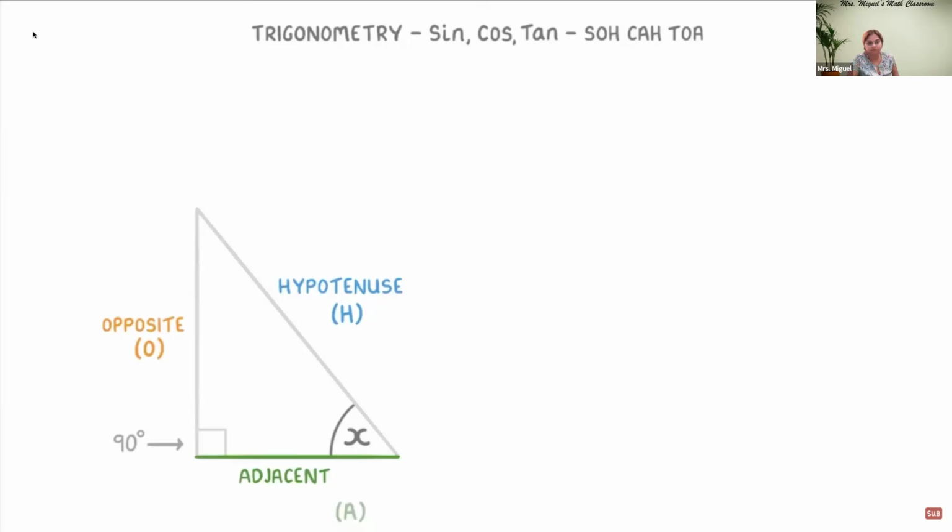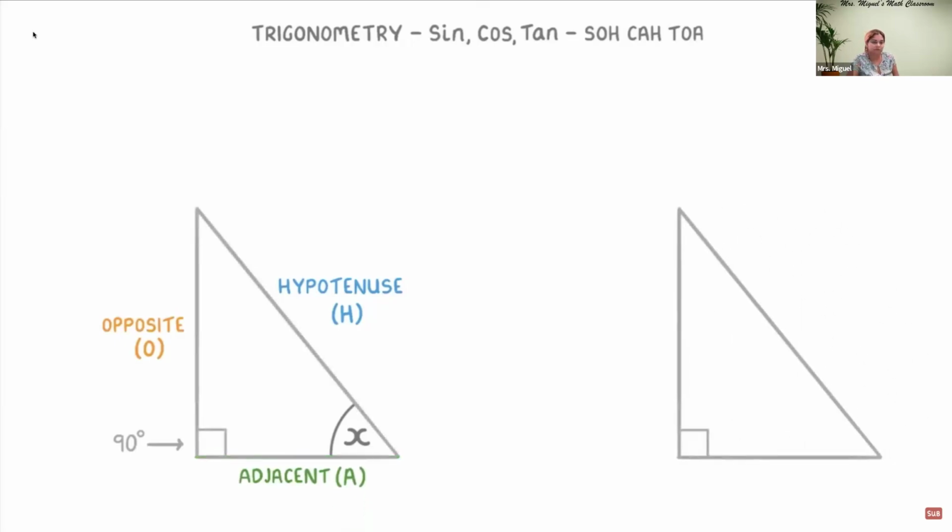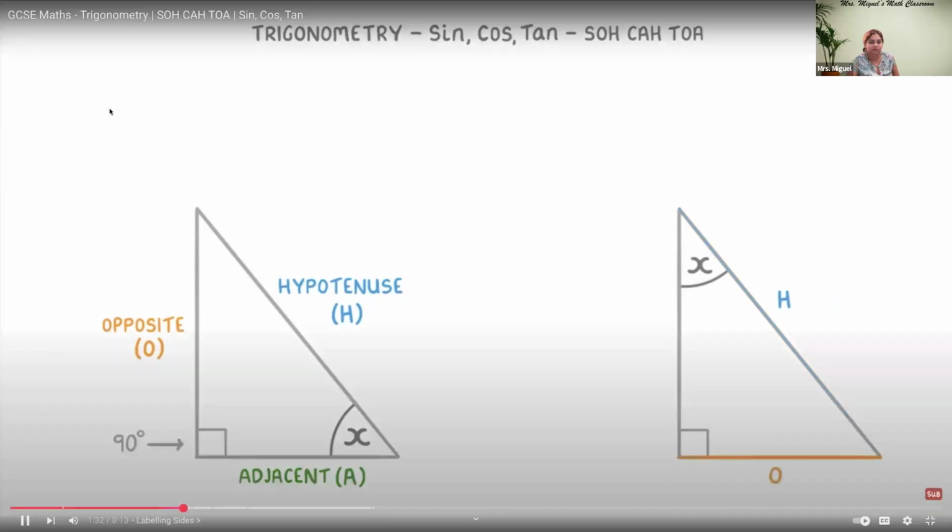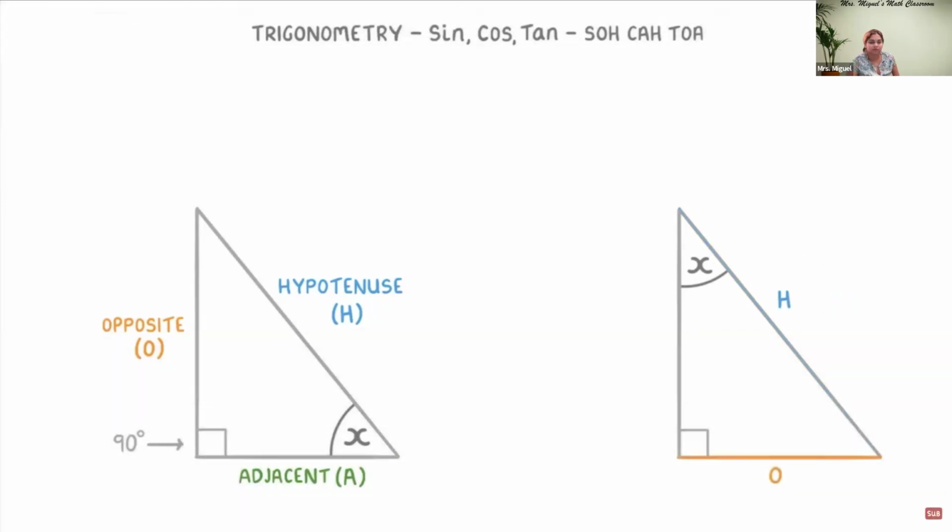So we label it with the letter A. On the other hand, if we had this other triangle, and we were interested in finding this top angle instead, then the longest side will still be the hypotenuse, as always, but this bottom side would be the opposite, O, because it's opposite the angle we're trying to find. And then this left side would be the adjacent.